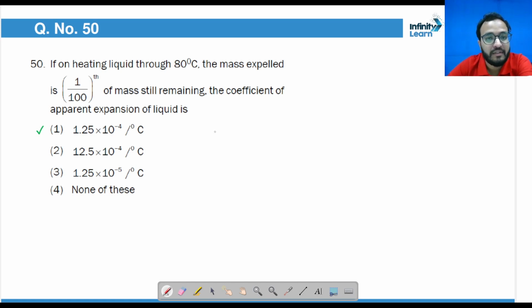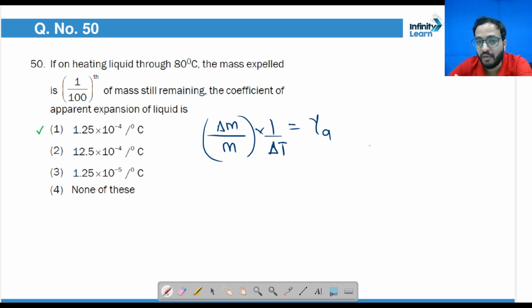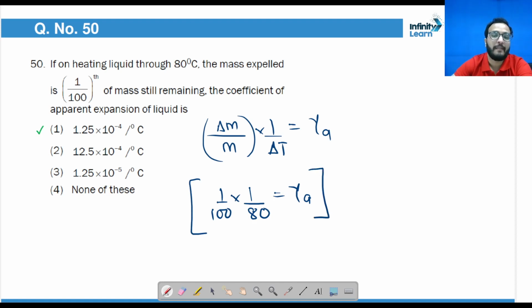On heating, mass expelled upon mass remaining into 1 by delta T will be equal to gamma apparent. Simple concept. So delta M is 1 by 100, and delta T is 80. Solve it, you will get the answer.